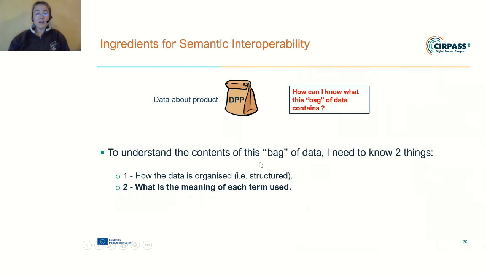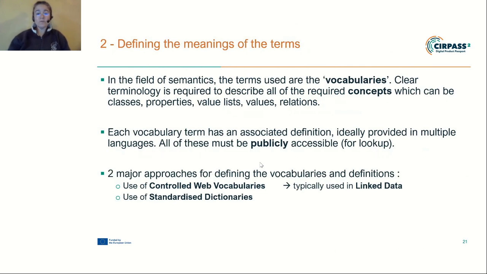Now I am going to move on to the second part, which is how the meaning of each term is defined. In the field of semantics, the term I will use is vocabularies. And this terminology has to be very clear. We have to agree to use a specific term that has a specific meaning in order for the meaning to be conveyed clearly.